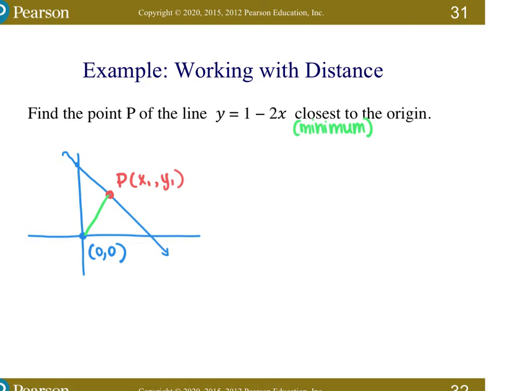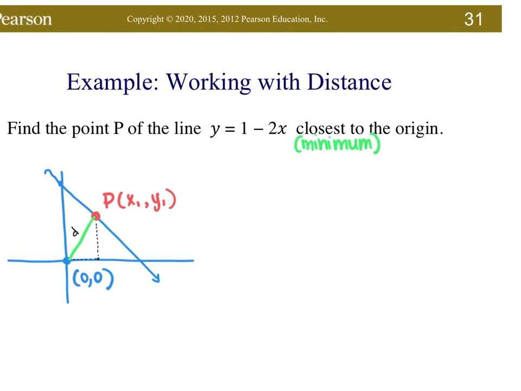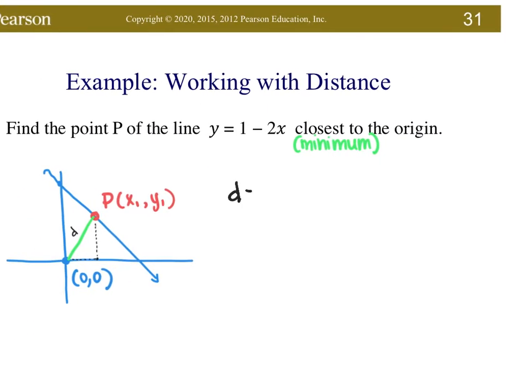Okay, well, we want to think about the right triangle that's formed here and the distance between these two things. Okay, we want the distance d. Well, we know that the distance is the equation, the square root of x2 minus x1. These are my x coordinates, minus 0.